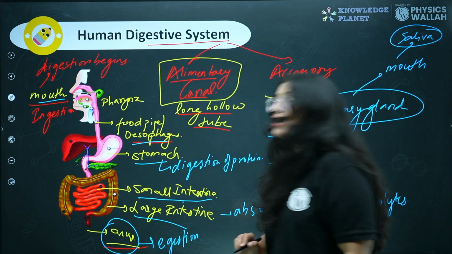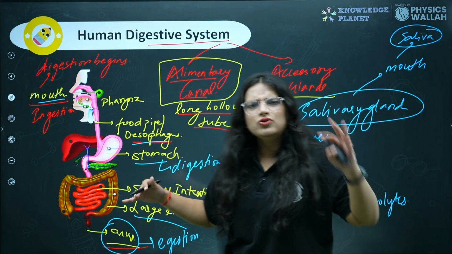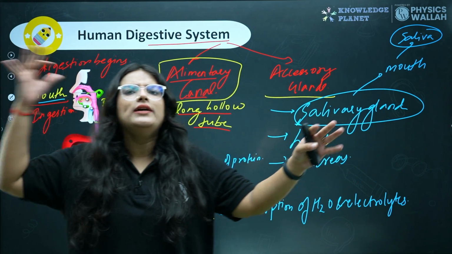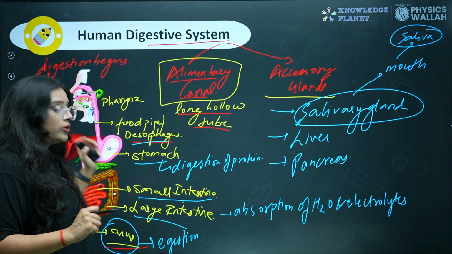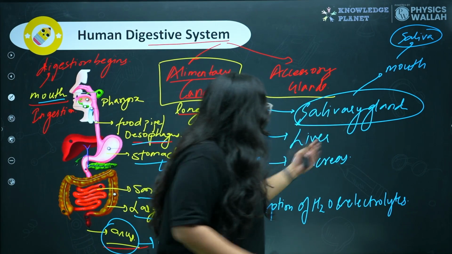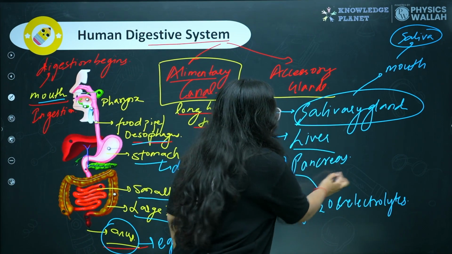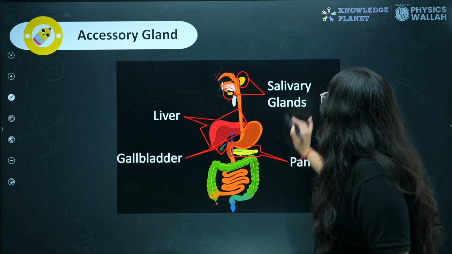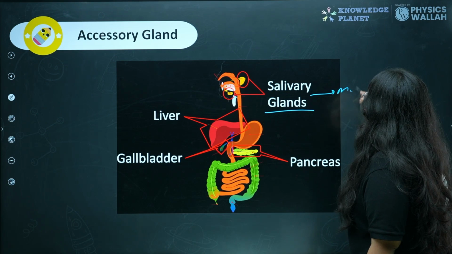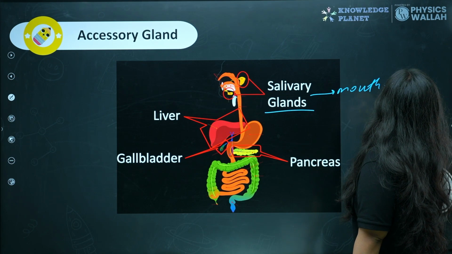Okay, so now let's talk about how this complex matter got broken down into simpler matter, where all these processes took place. Okay, and what are the functions of these accessory glands? So let's talk about it here. Let's see that these accessory glands, the salivary glands, are present in the mouth. They secrete saliva.